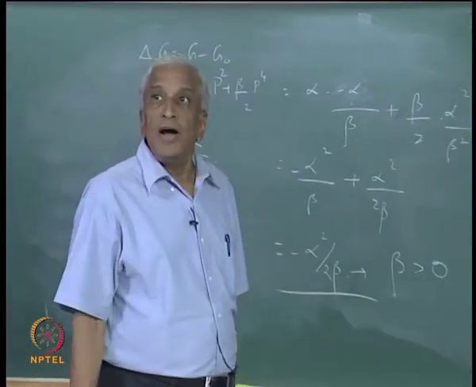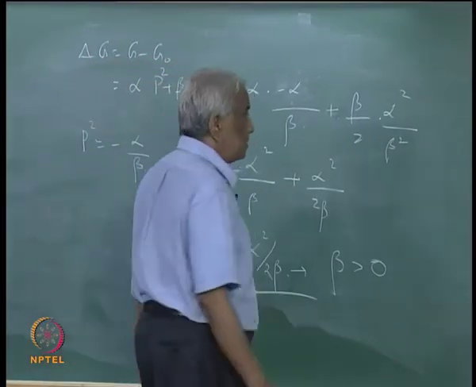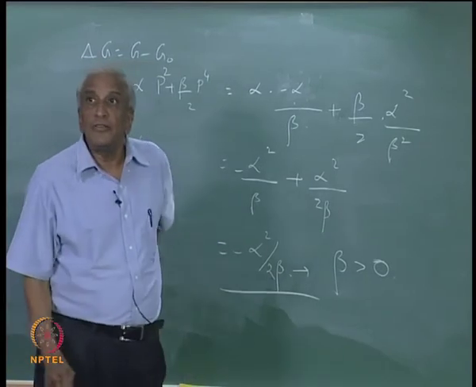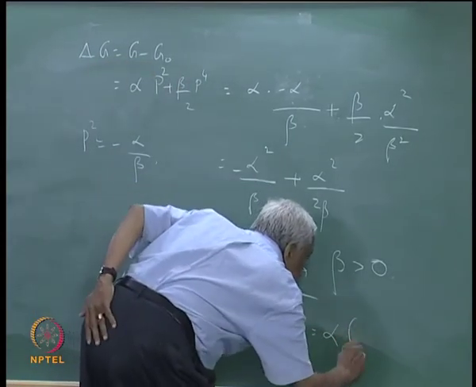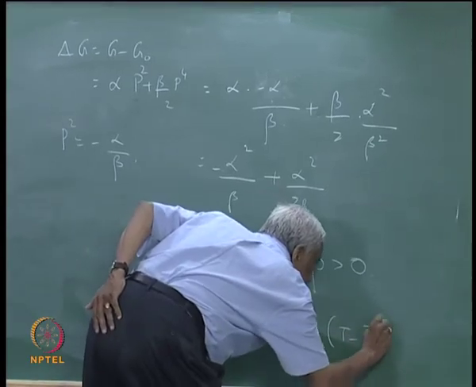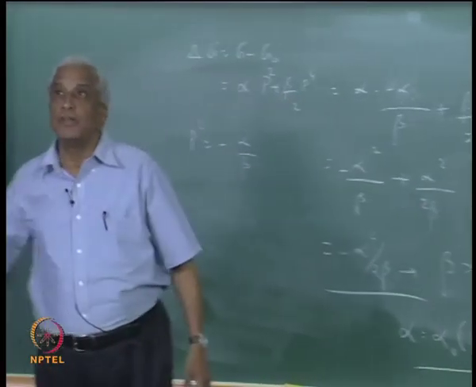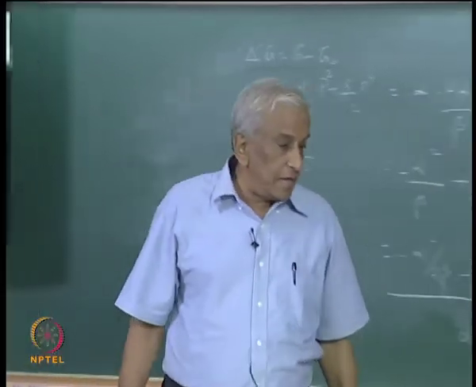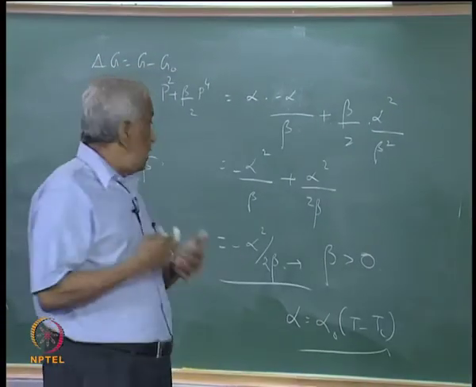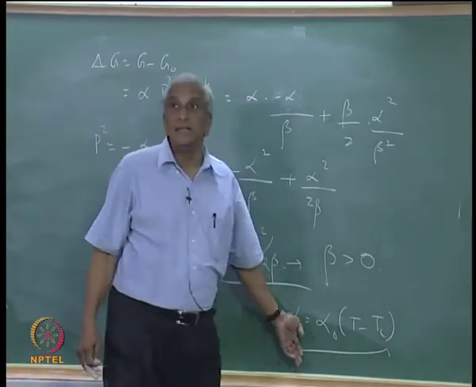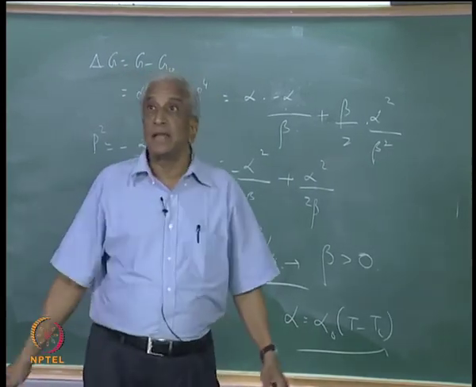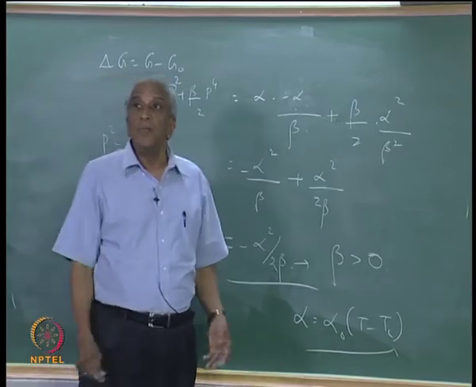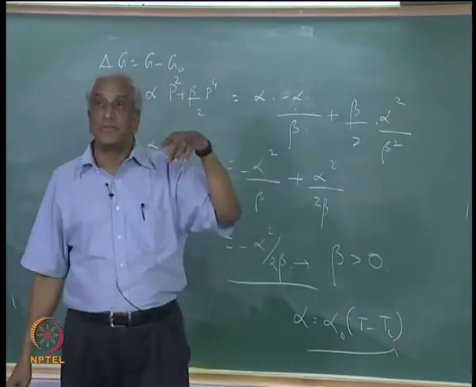and alpha now can be taken to be a function of T. So, alpha can be written as alpha naught times T minus T c, a linear function of the temperature. Alpha changes sign at T c and becomes positive, making the paraelectric phase energetically more stable at higher temperatures.